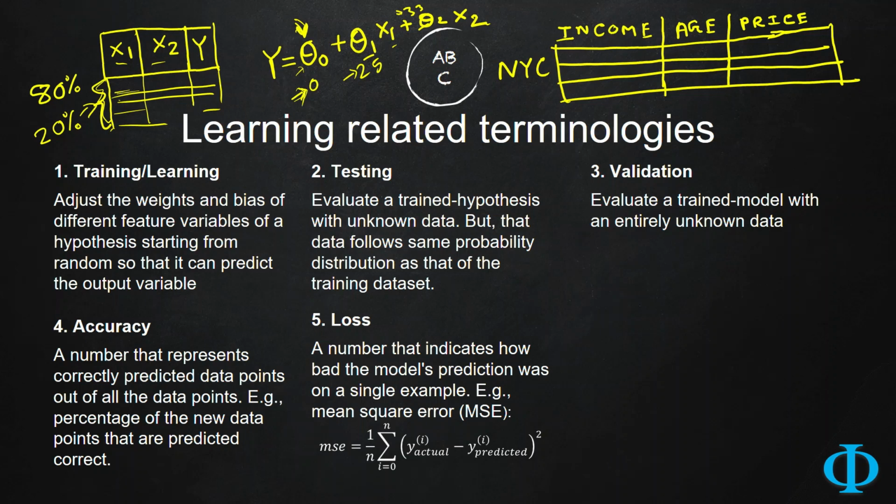Now let's say you have trained the model on top of this New York City data, and here you have 80% of the data as the training data set, and 20% of the data you have used for testing purposes. But eventually it is all New York City data, right? It's all from a similar geographic or demographic region.